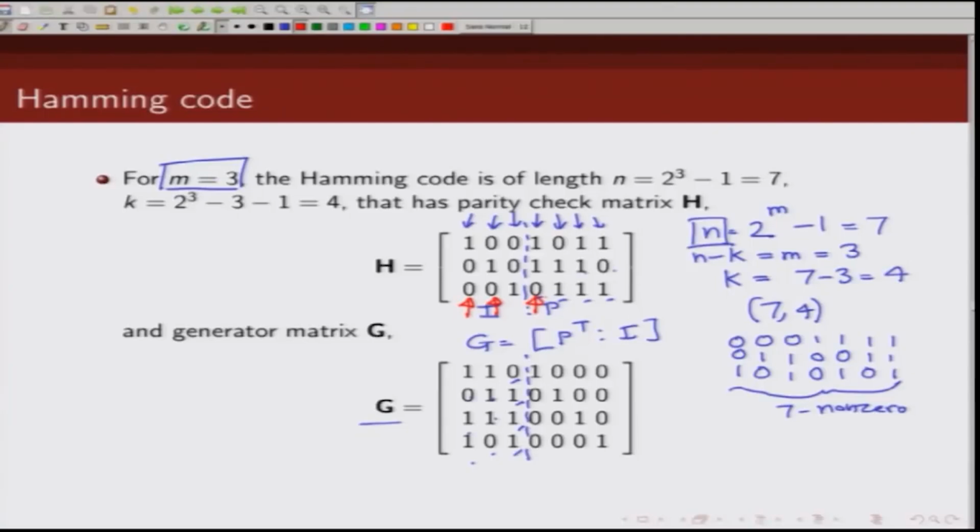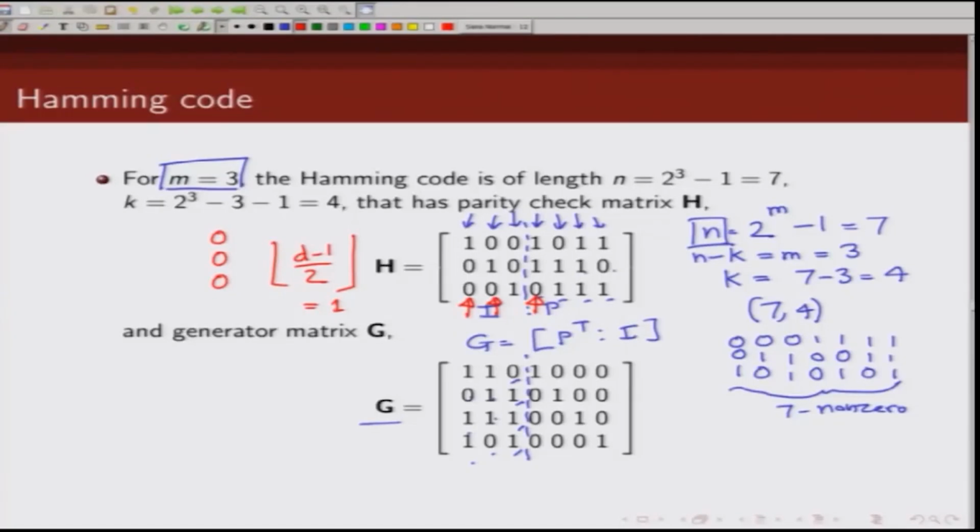You can see columns 1, 2 and 4 add up to 0 0 0. So, 3 is the minimum number of columns that will add up to 0, which means the minimum distance of this code is 3. If the minimum distance of this code is 3, what is the error correcting capability of this code? It is floor of (d minus 1) by 2, and this comes out to be 1. So, Hamming code can correct a single error.